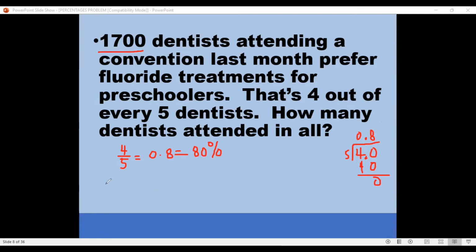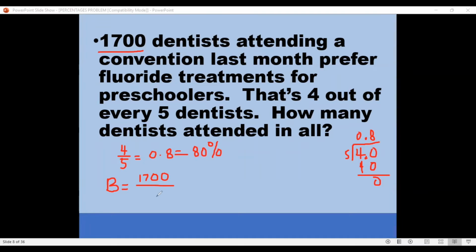Going back to our formula, the base can be obtained by dividing our percentage, which is the 1,700, by either 4 over 5, or 80%, or 0.8.